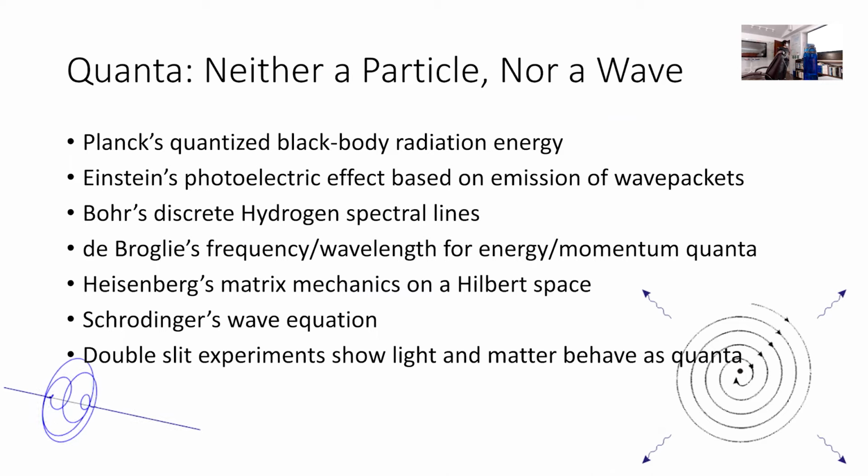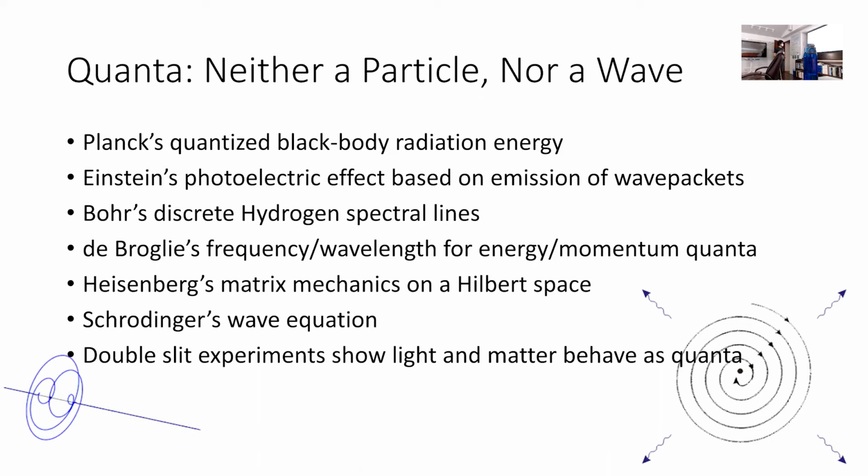And part of those developments included de Broglie's notion of a wavelength and frequency associated with quanta of momentum and energy. And then there was Heisenberg's matrix mechanics, which then probably von Neumann realized could be represented in terms of a Hilbert space. And Schrodinger's wave equation was also found to be equivalent to the matrix mechanics, giving us the theory of quantum mechanics.